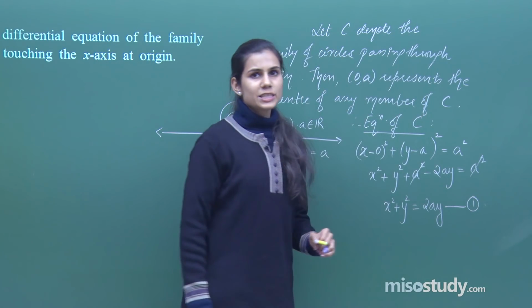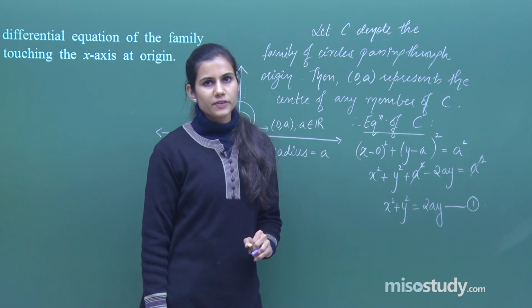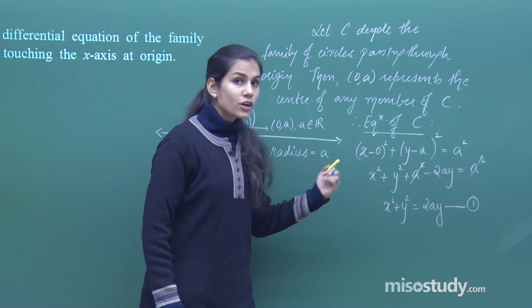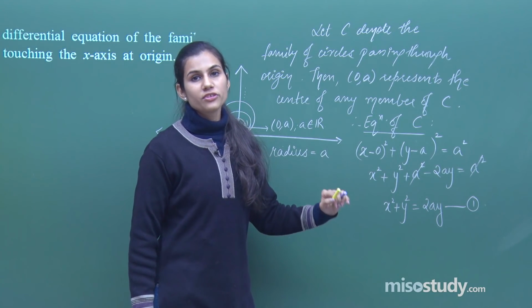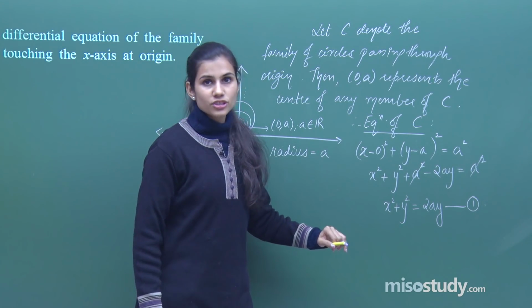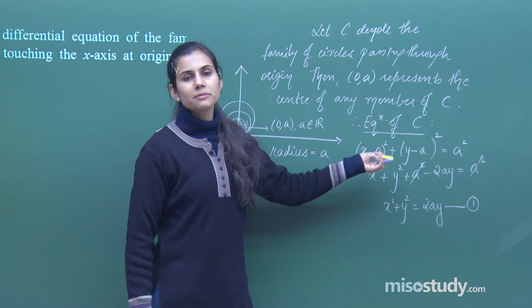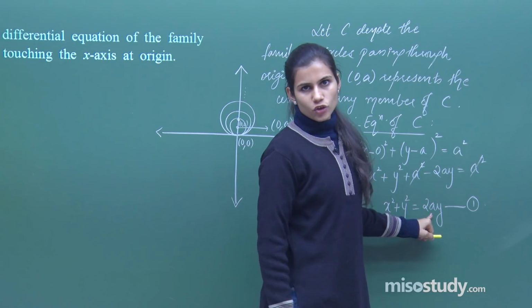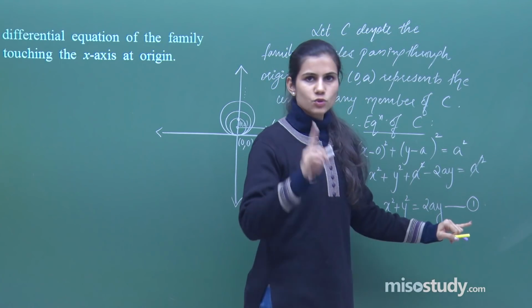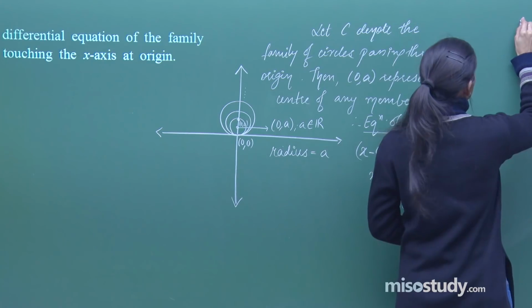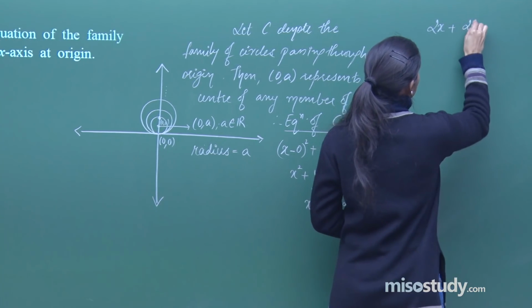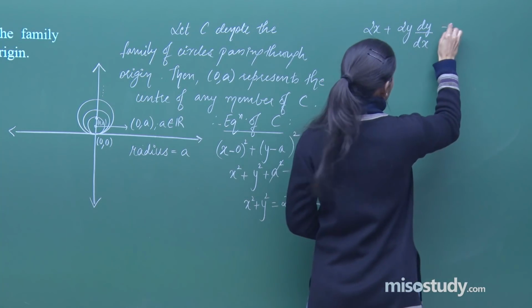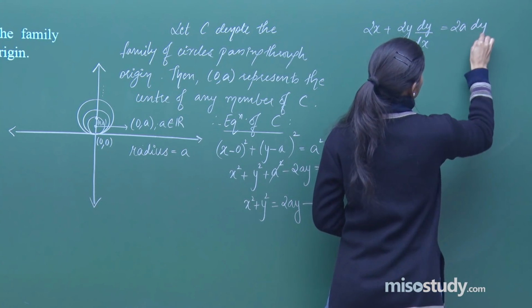But over here a is present, and you know that while forming differential equations we get rid of this constant. However many constants are there, we differentiate our equation that many times to get the differential equation free from a. So here only one constant is there, so I will differentiate this only once. I will get 2x plus 2y dy by dx is equal to 2a dy by dx.